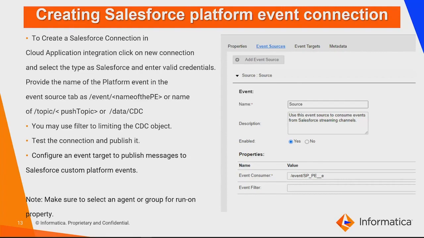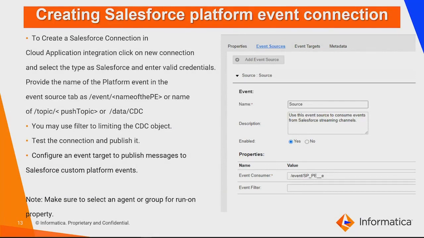Before you start creating a connection, make sure to validate you have cloud application integration license and access to cloud application integration designer page. That is, you have access to application integration app. Once you have this, go ahead to application integration and you can start creating the connection there.